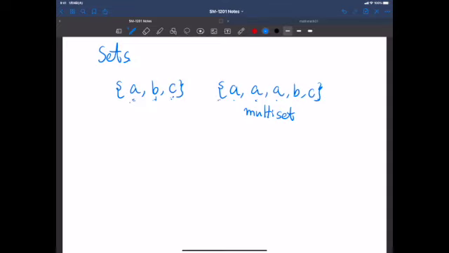Instead we disregard the redundancy, so this A and this A, this A, they are all the same. So this multiset, we regard as equivalent to this set. So we just ignore the redundancy. Okay, and each object is called an element.